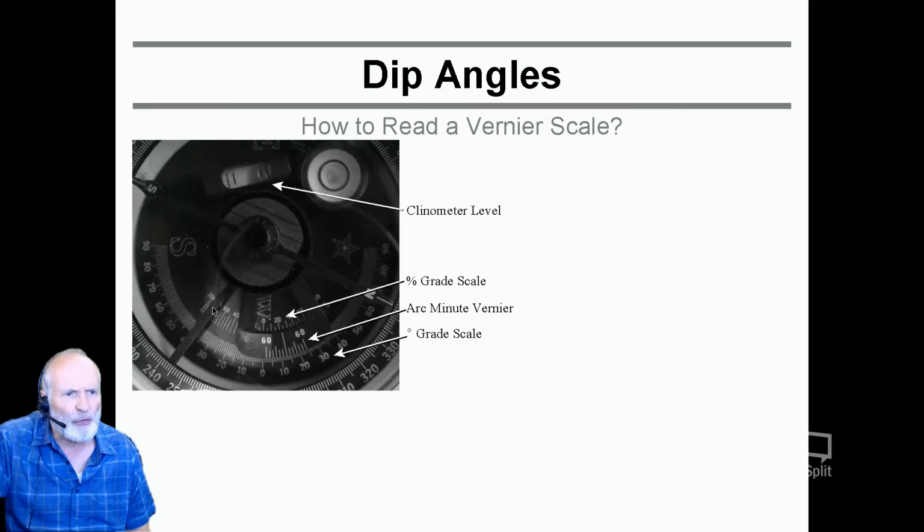You have a percent grade scale, cool for engineers. You have the actual degree grade scale down here. And then you have this funny thing. This is called an arc minute vernier. This 0 to 60 in both directions are arc minutes. 60 arc minutes is equal to 1 degree. So this is a vernier. Let's see how you operate this one when you take a reading.